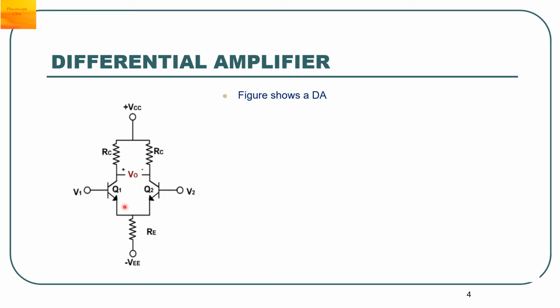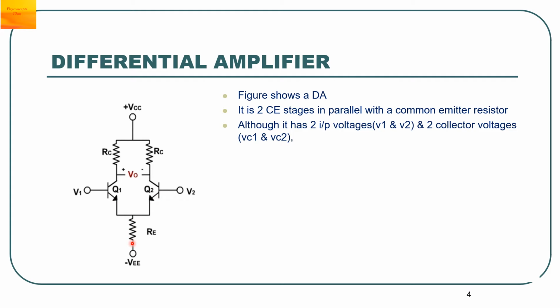So the figure shows a differential amplifier. It is two CE stages in parallel with a common emitter resistor. So two transistors are there connected to a common emitter resistor. Although it has two input voltages V1 and V2 and two collector voltages VC1 and VC2, the overall circuit is considered to be one stage.